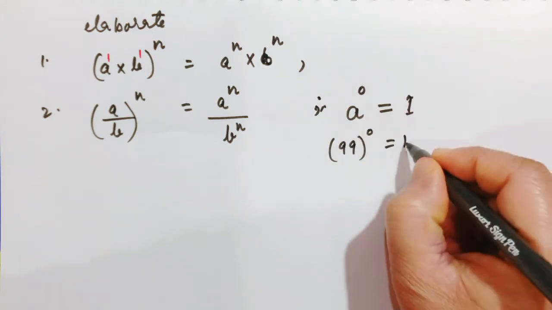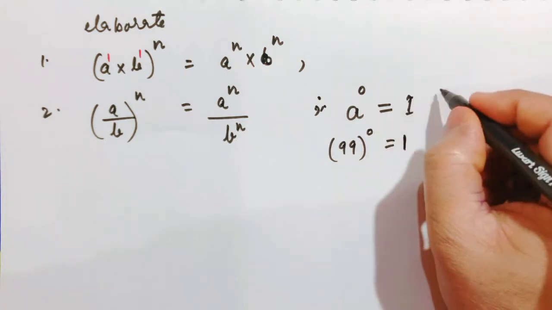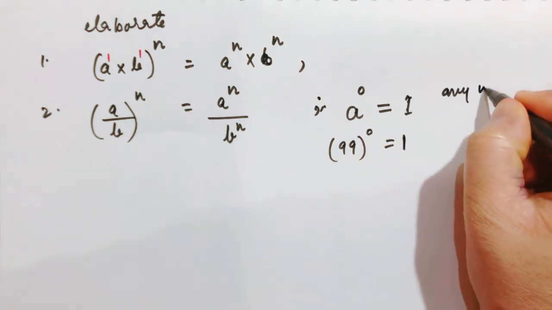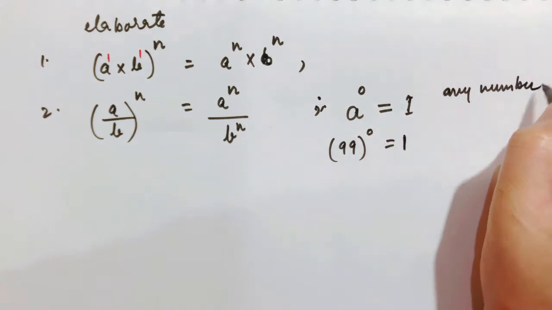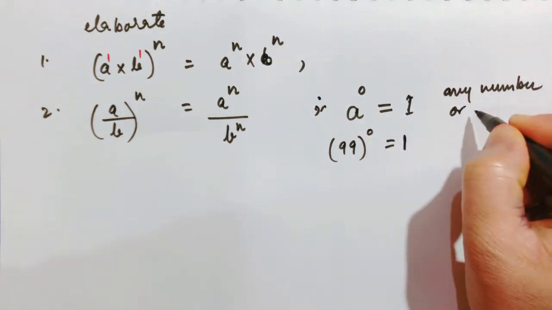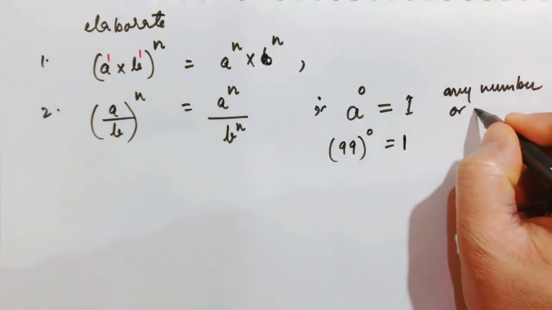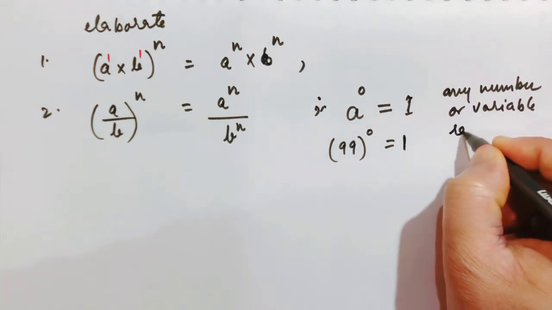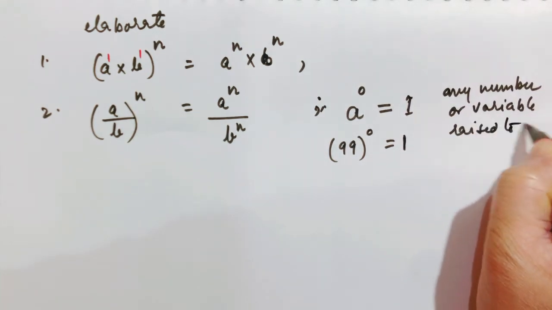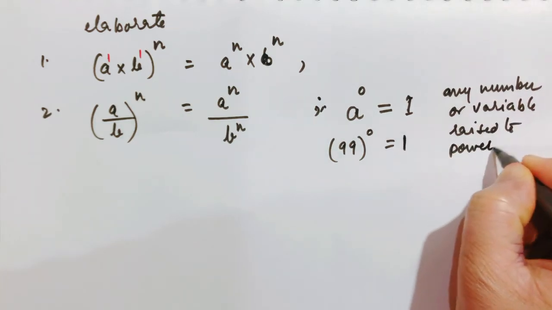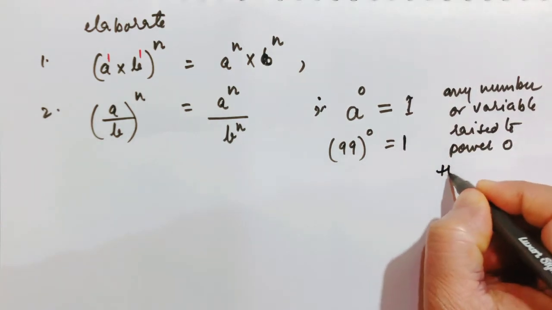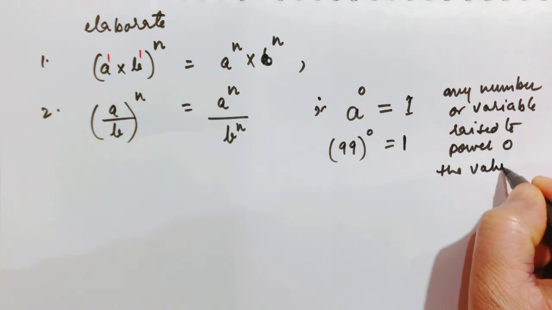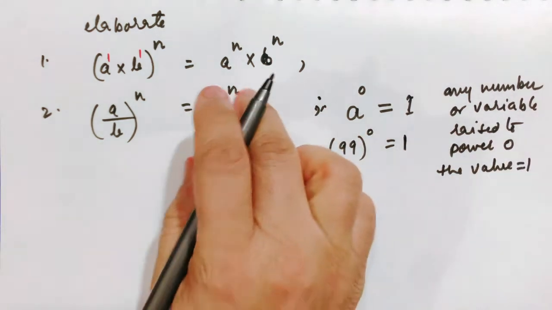So any number or any variable raised to power 0, the value is equal to 1. So this is very very important.